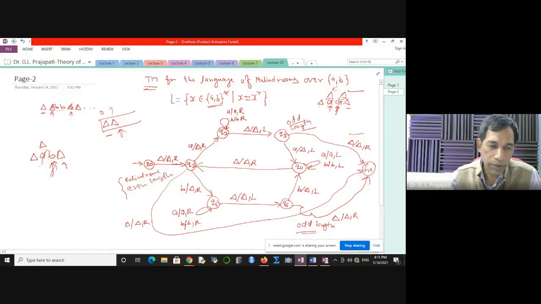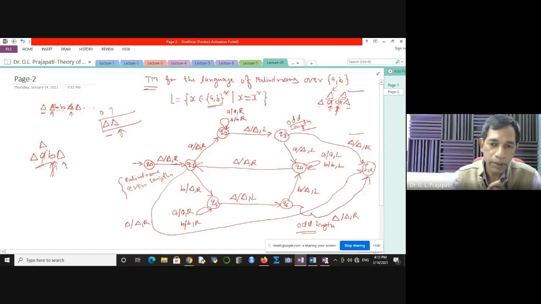So the machine explicitly decides that this is not in the language of palindrome, because the first symbol is A and the last symbol is B.